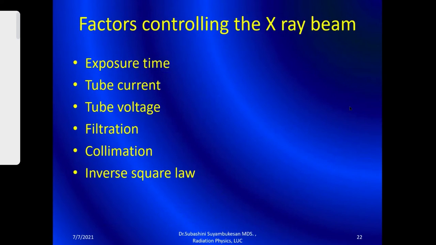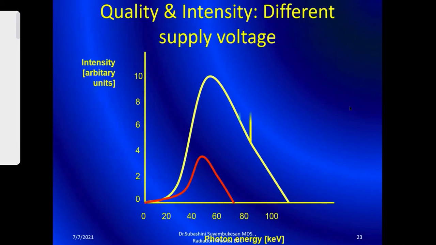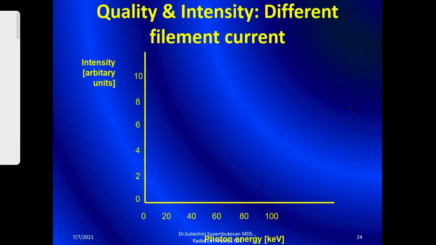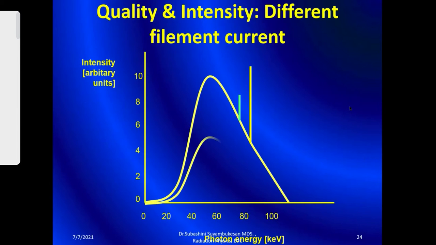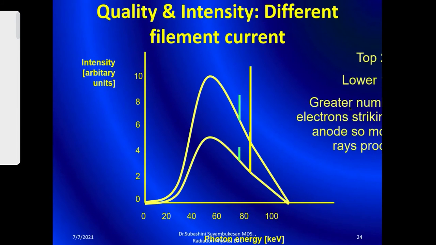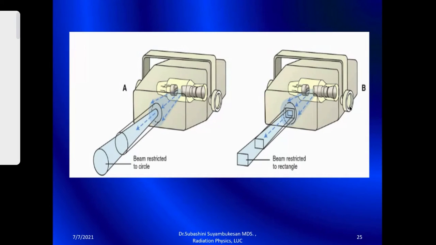Okay, it goes on and off. So you have a continuous spectrum of Bremsstrahlung and characteristic in your X-ray. Okay, so these are the factors controlling the X-ray beam, and it's a very, very important long essay question. Clear? Right, so you follow the textbook, and I want every detail and every salient point with pictures from the textbook.